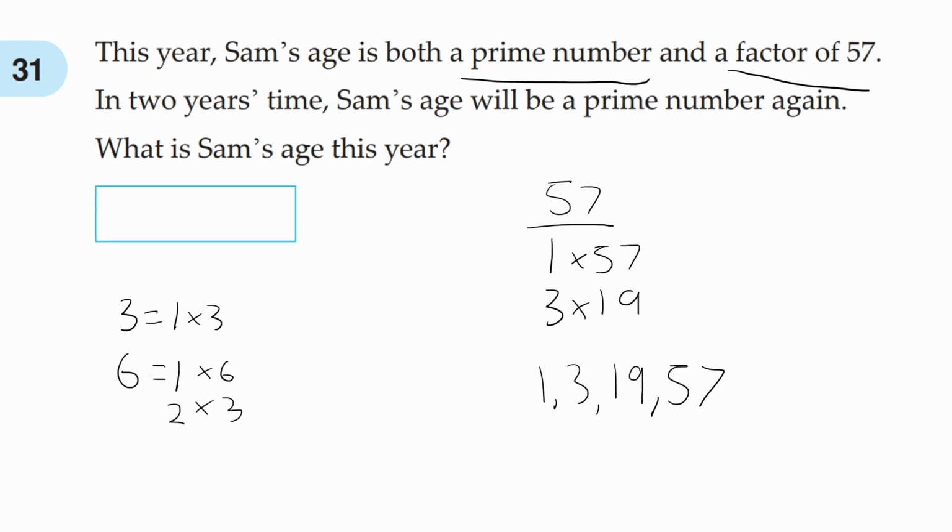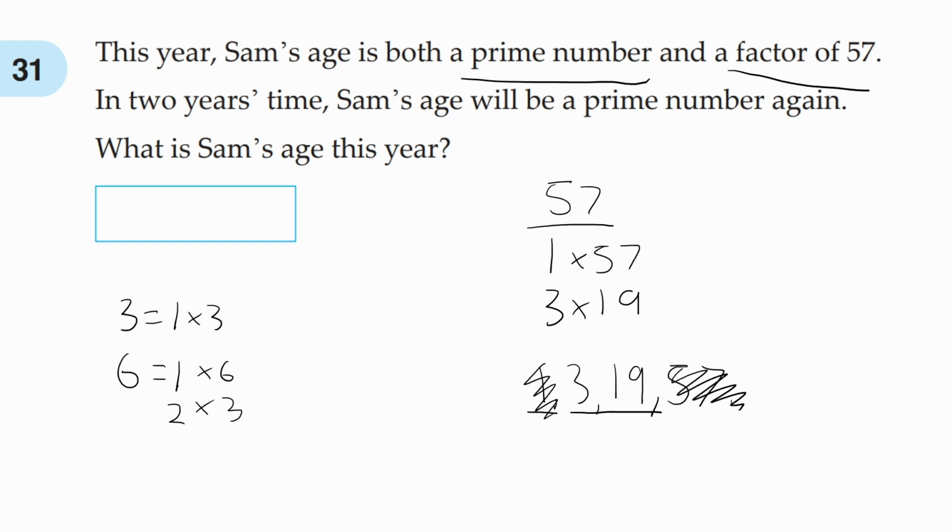We know that he can't be 1 because 1 is neither prime nor composite, which means it's not a prime number. And it also can't be 57 because if you add 2 to that, which is 59, 59 isn't a factor of 57. So that leaves us with these two numbers.